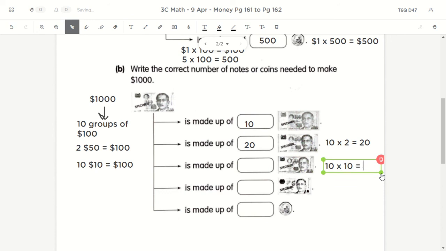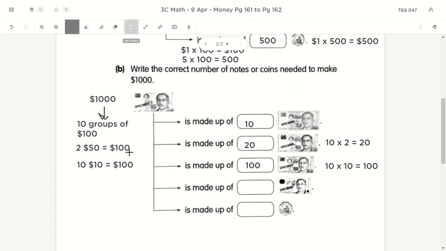So 10 times 10 equals 100, and that is the answer for $10. Once again, 10 groups of 100 in 1000. In each group, 10 $10 notes. So 10 times 10, 100.